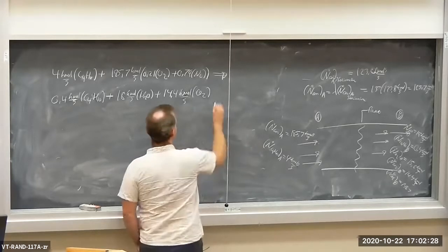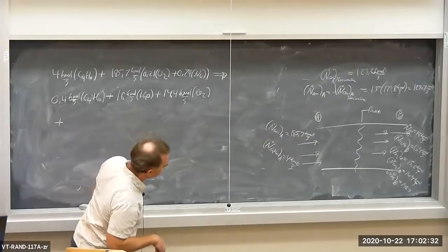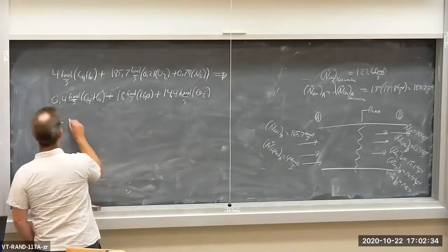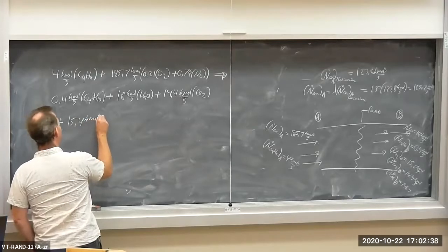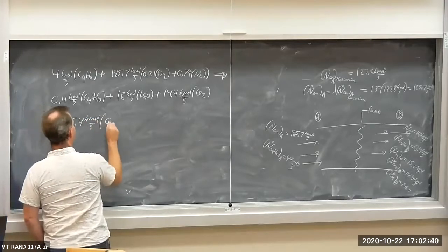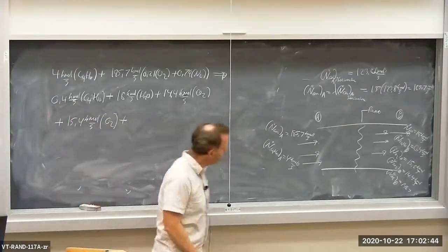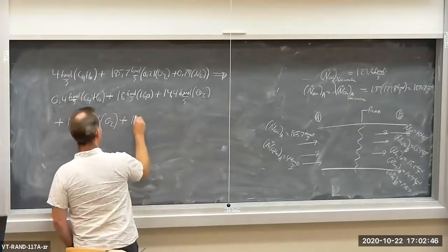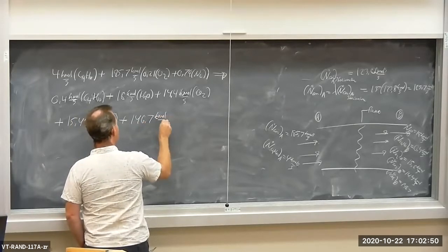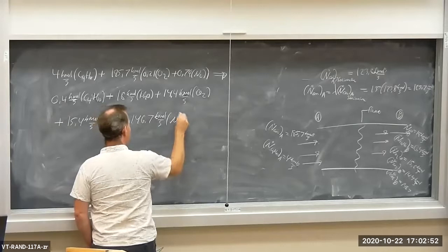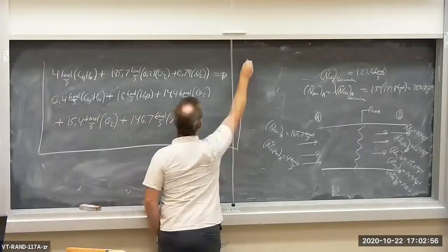Plus 15.4 kilomoles per second of O2. And then the last one is nitrogen, 146.7 of N2. This is our reaction.